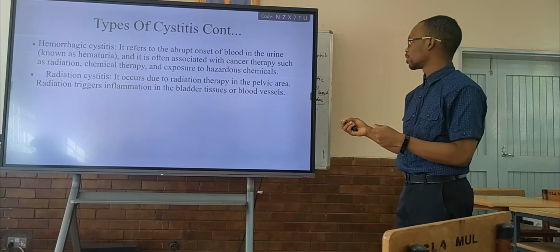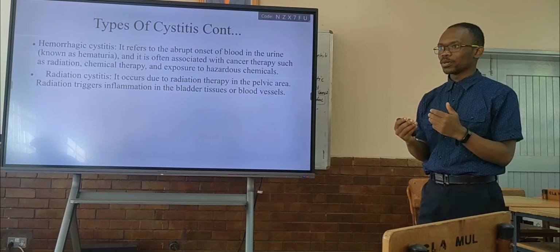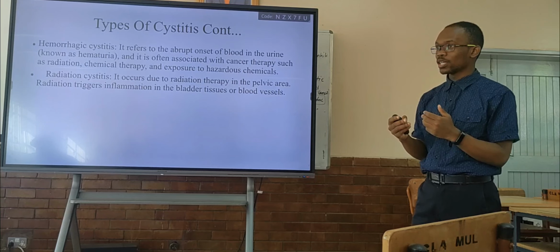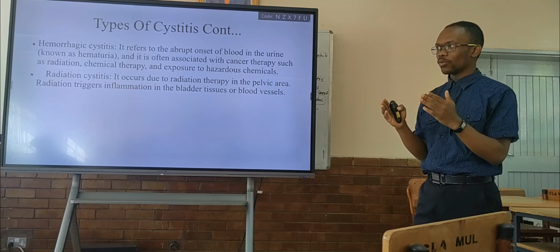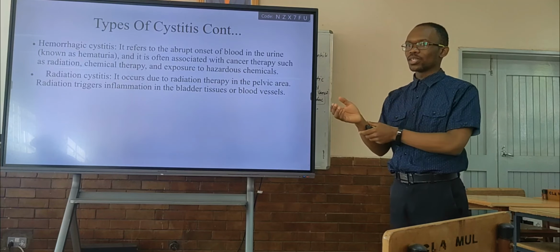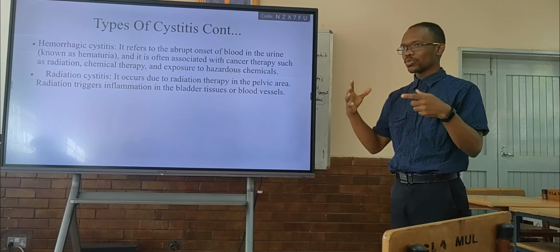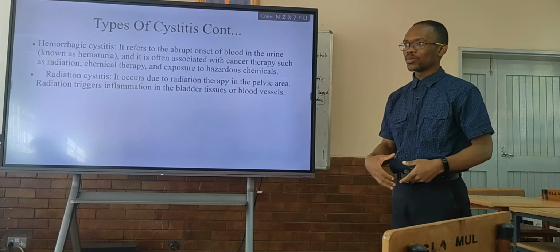When you go to the hospital, you can also get radiation. For example, in the X-ray department, you find that they wear protective clothing because those rays can affect your urinary system, mostly the bladder. So that's how radiation cystitis comes.